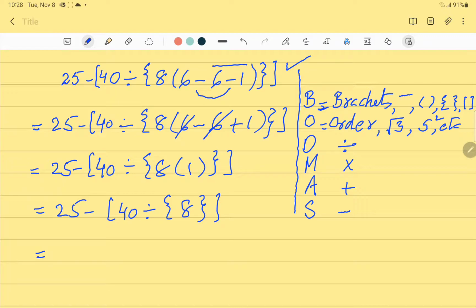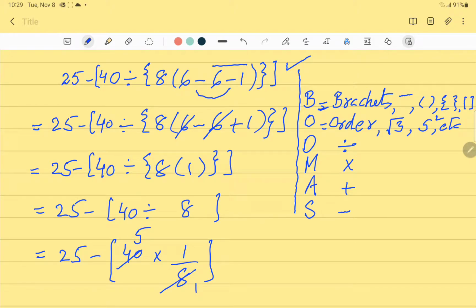Actually, since it is the only single number left, there is no need to write a bracket. So 40 divided by 8, 25 minus 40 divided by 8. If you want to remove the division sign, we can put here a multiplication sign, and we will write the reciprocal of this number, which is 8, so it will become 1 over 8. 40 cancels with 8, the answer is 5.